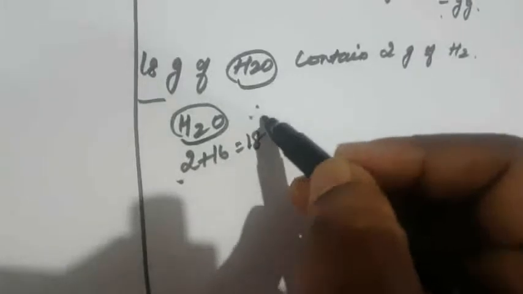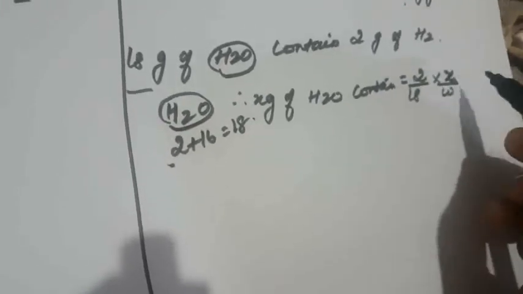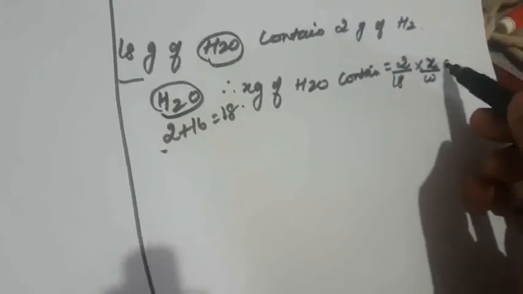So the water molecule's total weight is 18 gram, containing 2 gram of hydrogen. So X gram of water contains 2 by 18 into X gram of hydrogen.